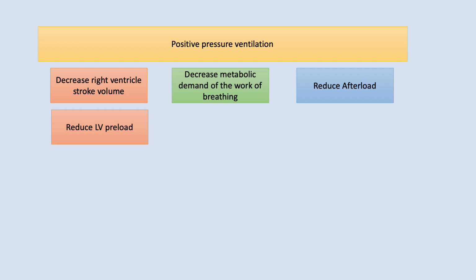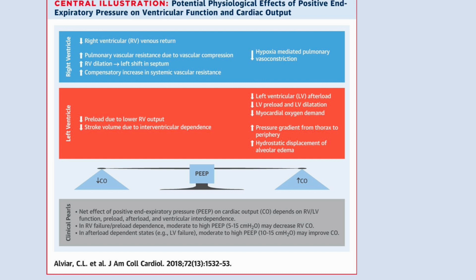Second, it will reduce the afterload, and by doing so it will help the left ventricle muscle pump more easily against the resistance. The third thing is that it will decrease the metabolic demand of work by providing oxygenation and increasing the coronary artery blood flow. So simply, patients who have left ventricle failure will benefit from positive pressure ventilation.